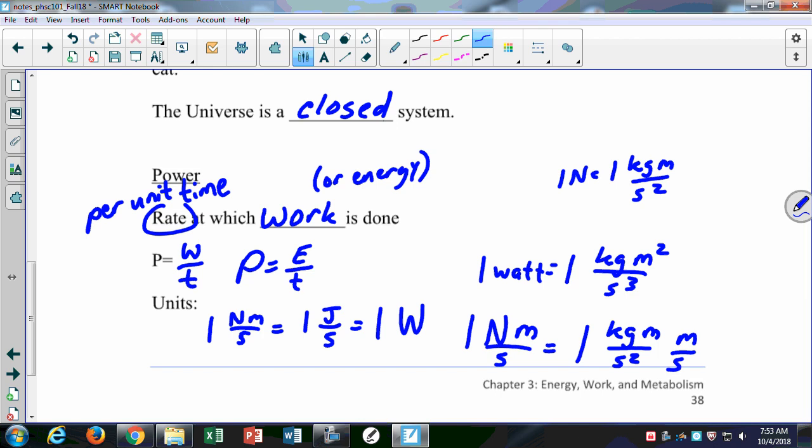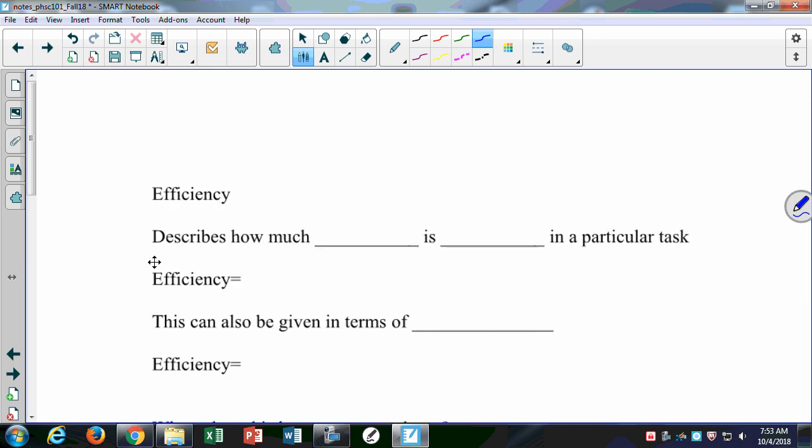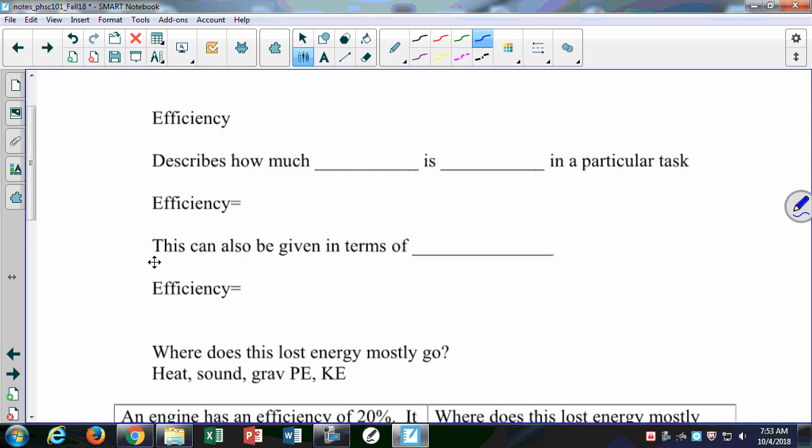If an electric motor consumes or puts out 100 watts, 100 joules per second, then we should be able to get at least some portion of that in physical work. However, that's dependent upon the efficiency, and that's another idea that we need to know how to use.